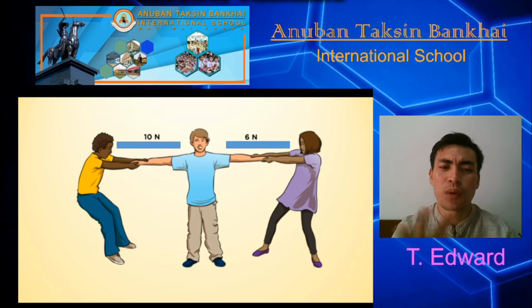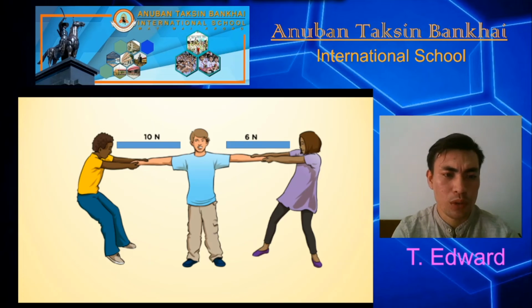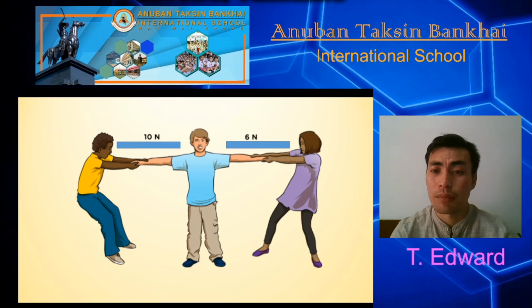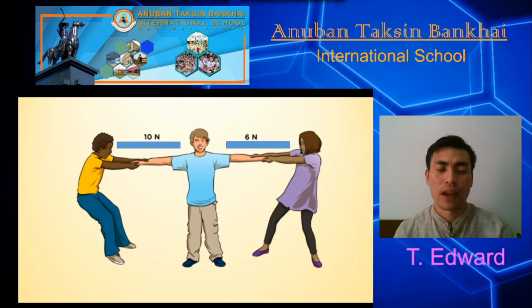10 Newton. I want you to pause this video and draw this one in your notebook. The person or the boy with the blue shirt, you can draw in a diagram like a square or rectangle, and then I want you to measure 10 centimeter going to the left.